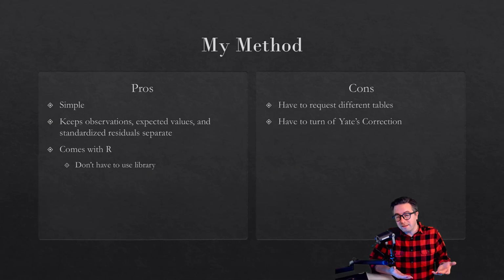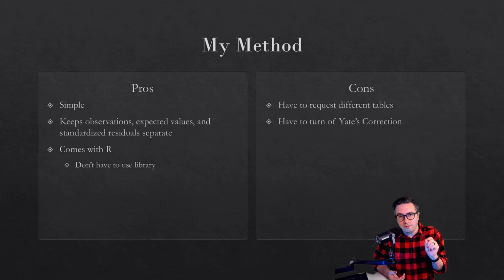But the con is that you're given lots of tables, which could be a plus. You might want a table of expected values, a table of observed values, a table of standardized residuals. It's up to you. Another con, and this is very important, I will emphasize this in just a second when I show you how to do it, is that you have to turn off Yates correction, right?